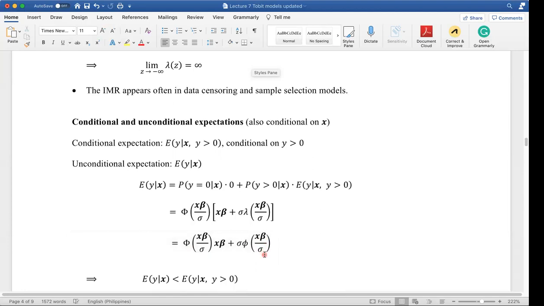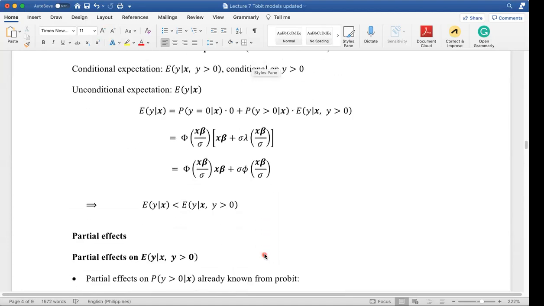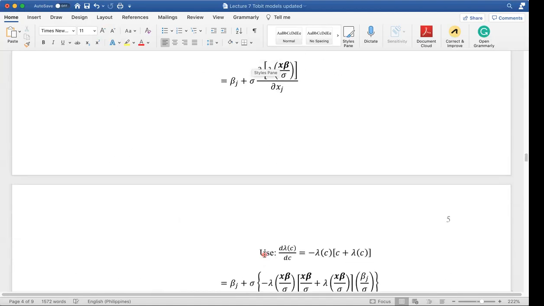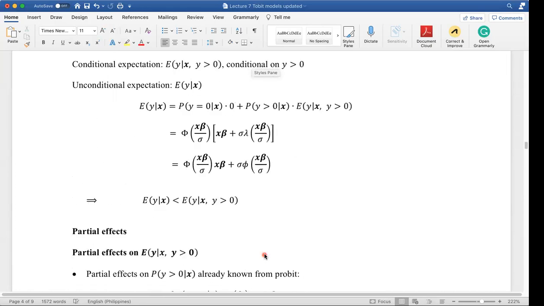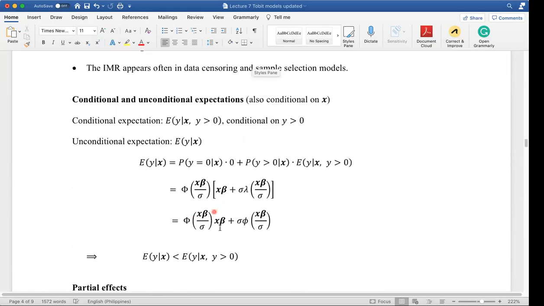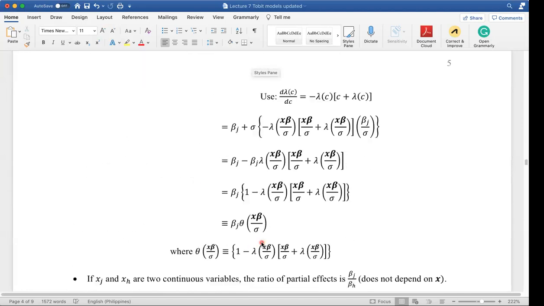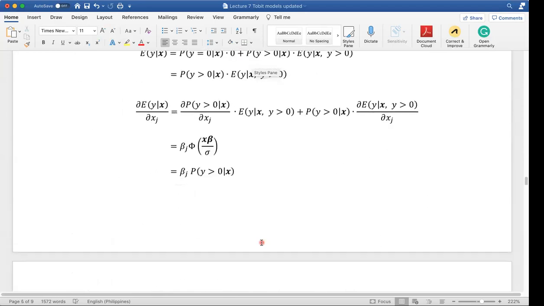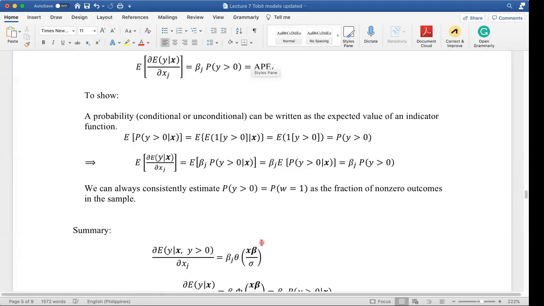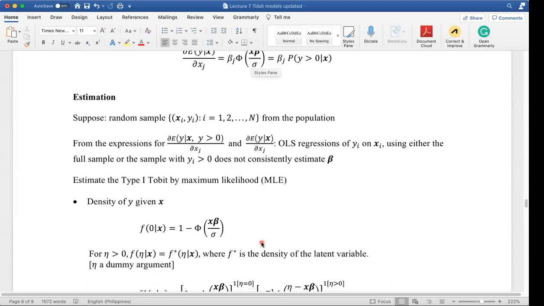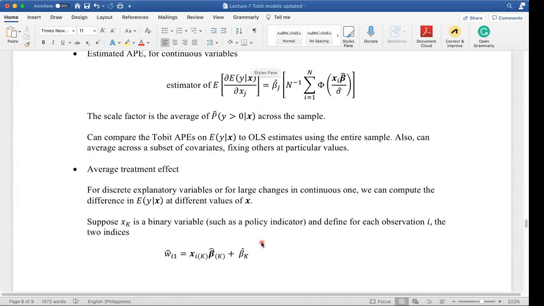The computer can easily do that. For large changes, suppose x goes from x_1 to x_2, then you have to evaluate this expected value at x_1 and at x_2 and get the difference. So let us see if the x is a discrete random variable.